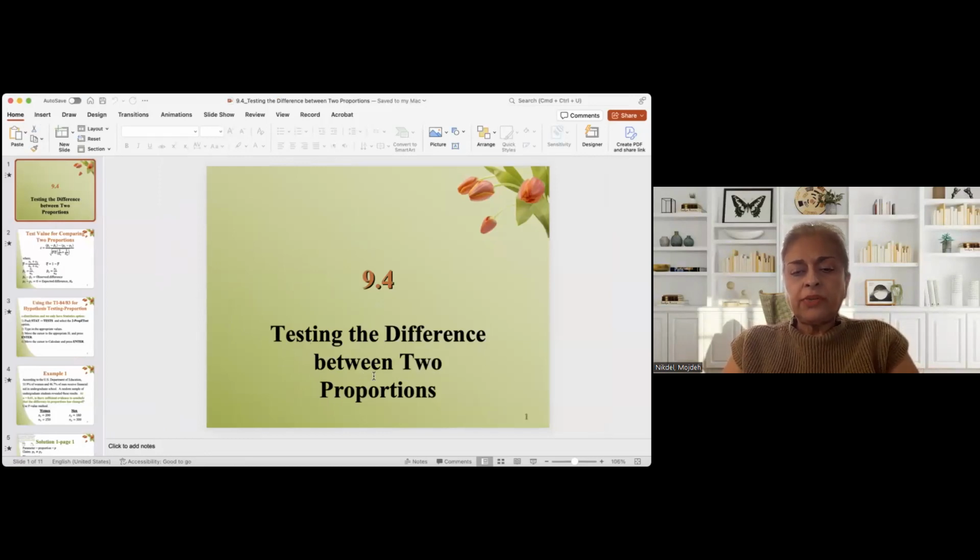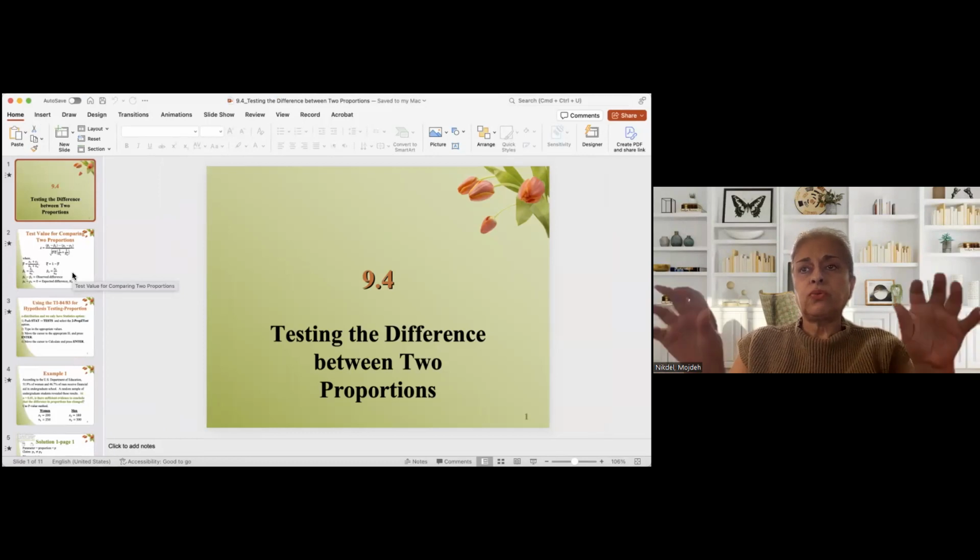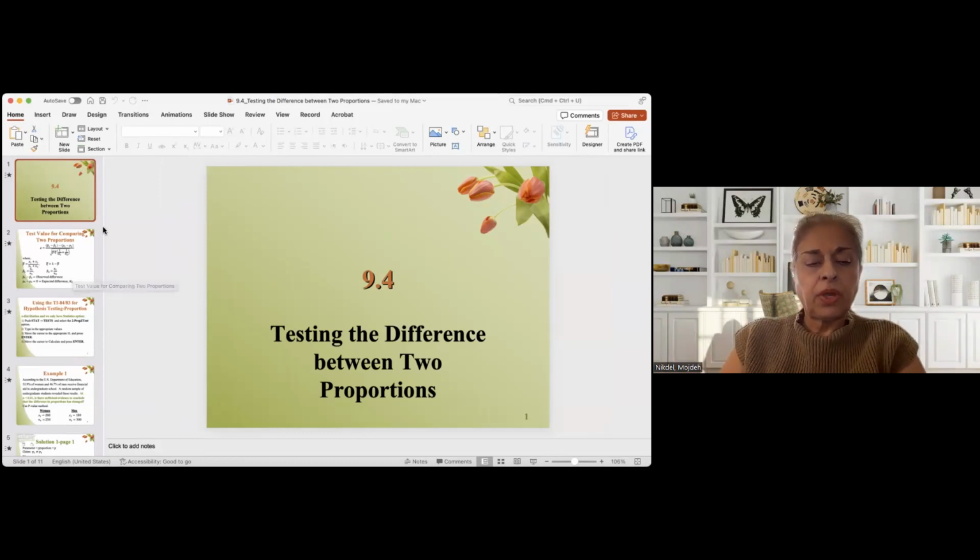9.4 is testing the difference between two means, two proportions. So we have two populations. For two populations, we always do hypothesis testing, the difference between two proportions or two means, two variances, two standard deviations.